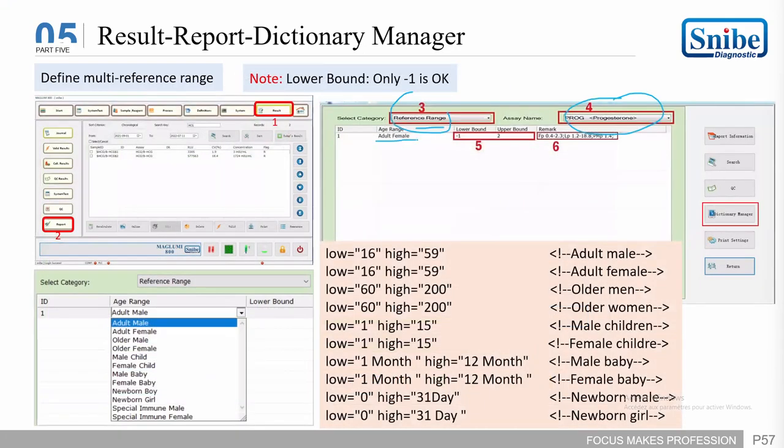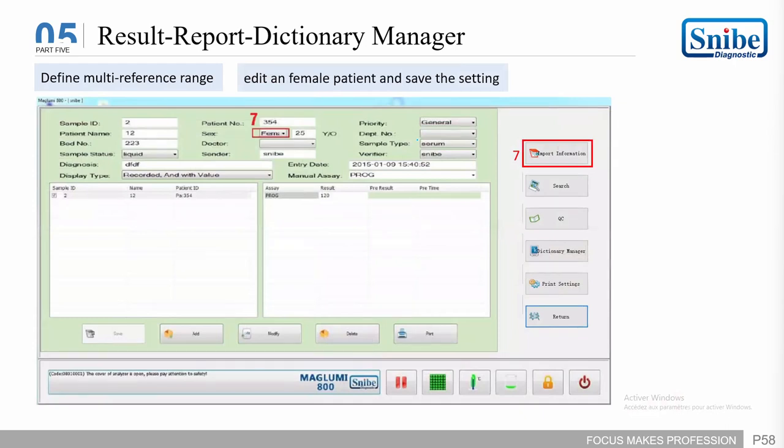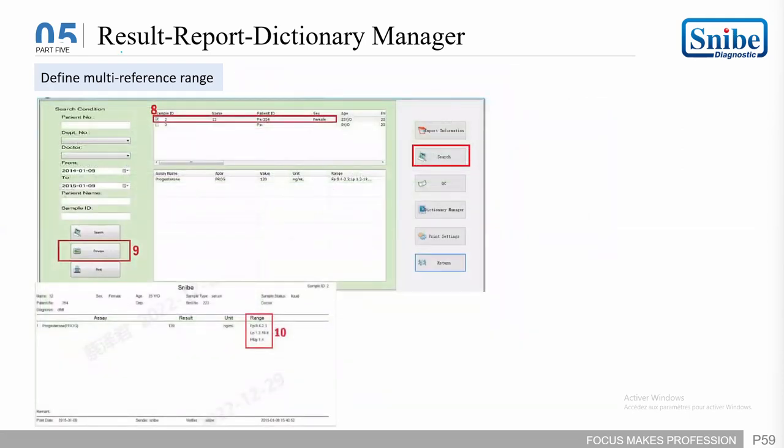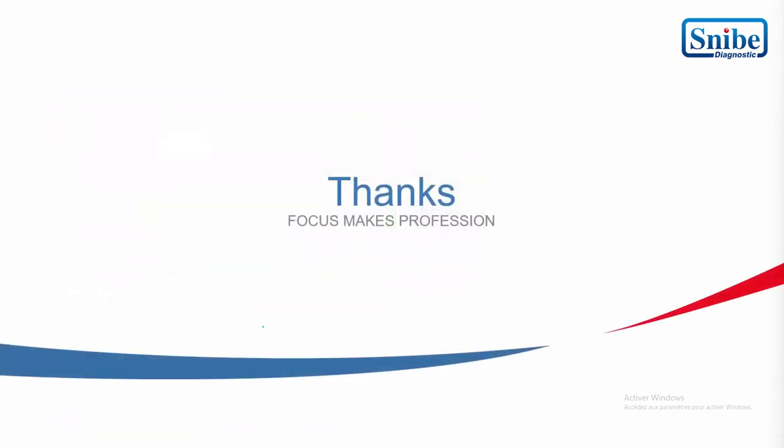Also select female or male, or maybe children. You can select the sex, of course, and then multiple ranges will be displayed in the report.